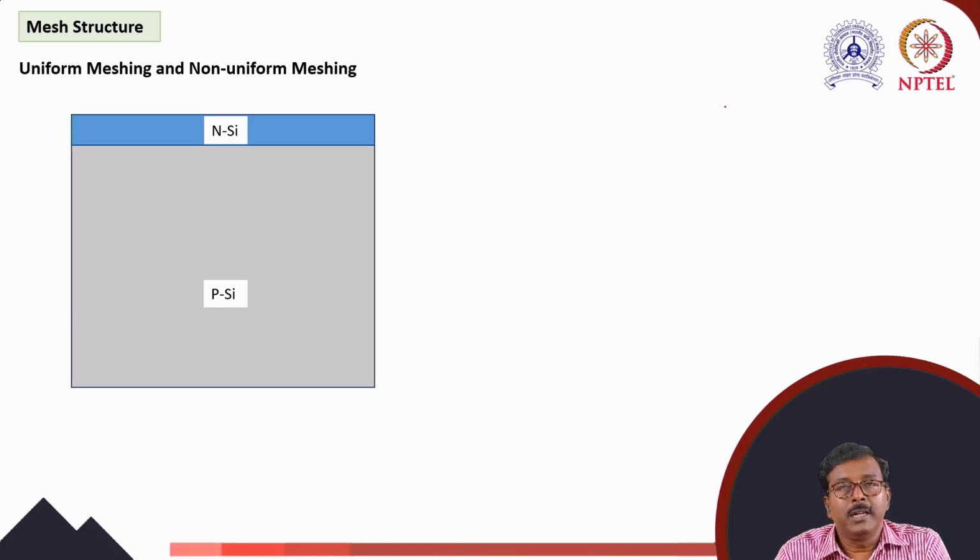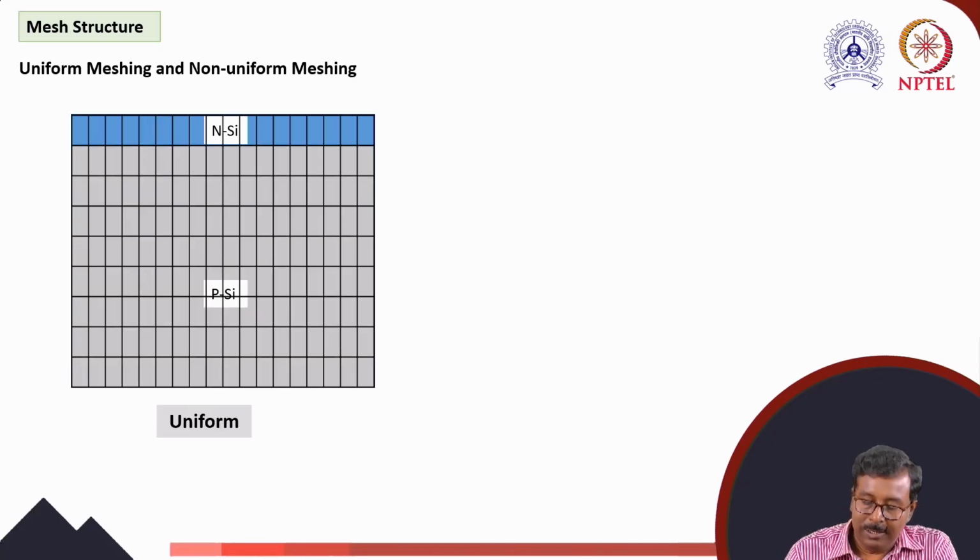There are two techniques of meshing. One is uniform meshing, another is non-uniform meshing. Meshing means we have to divide the whole region into small parts. How? We can draw some horizontal and vertical lines covering the device region, in this way. So this is the division.